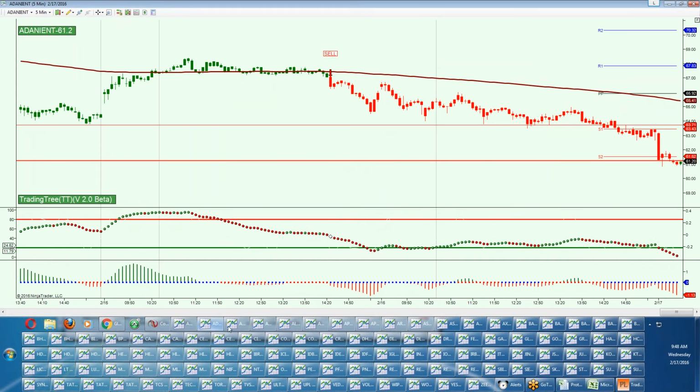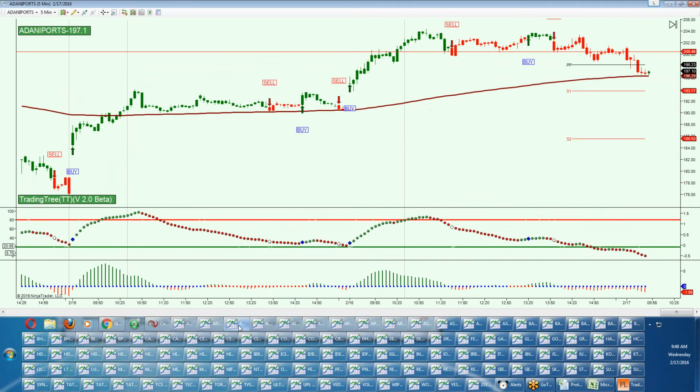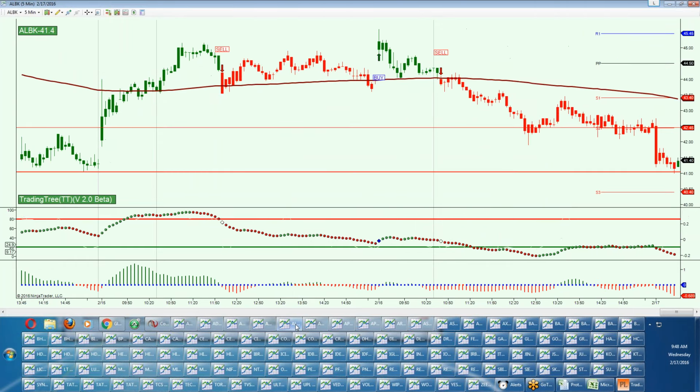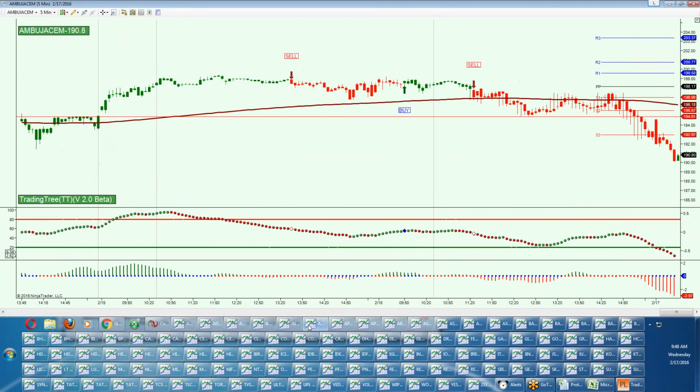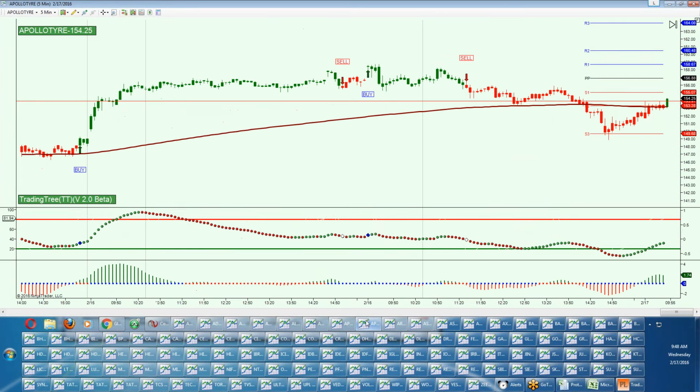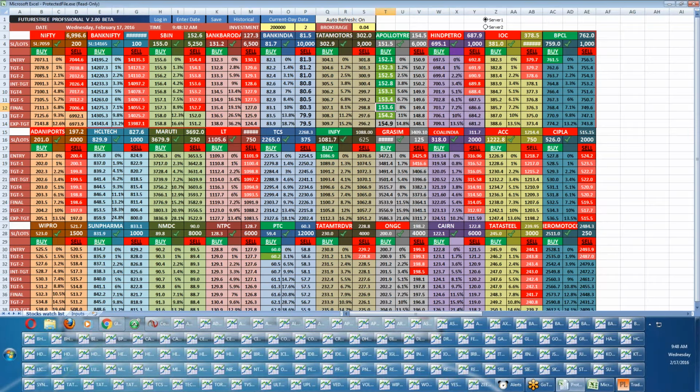Adani Enterprises has given an entry. So Adani Power, you can see that it has already done all its targets. That's Apollo Hospital. Apollo Tire will get a buy call, so you can still stay long on Apollo Tire.